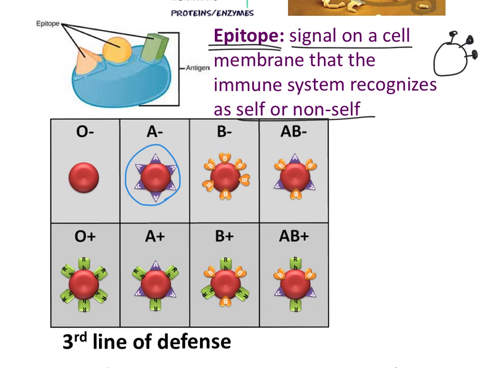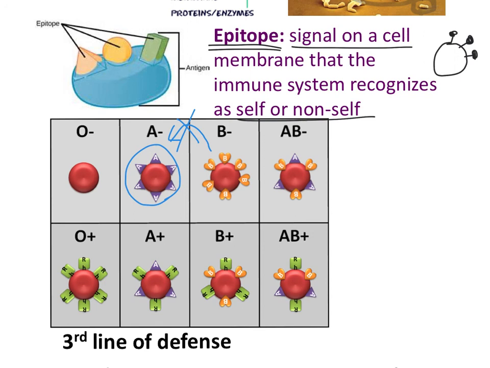If a person who is A negative receives B blood, their body would be like, oh crud, what is this heart? This heart shape does not belong, and their body would fight off and kill all of the heart-shaped cells.